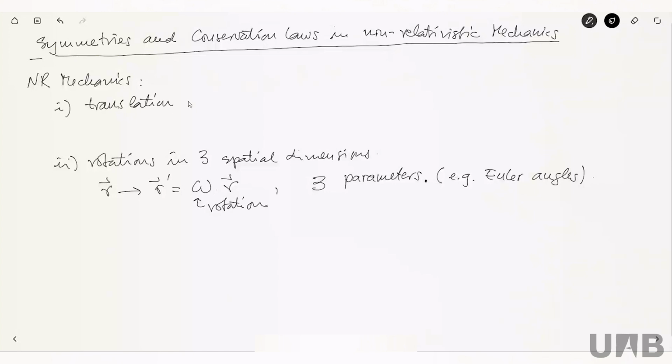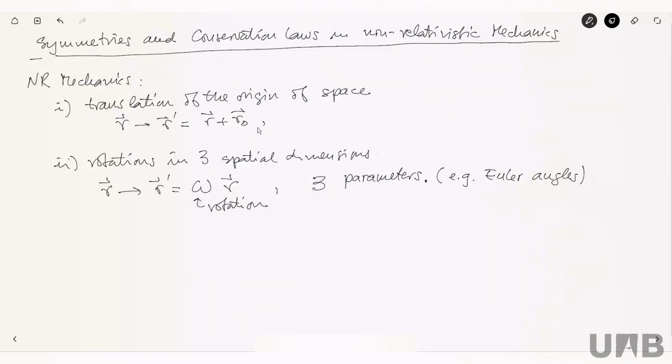A translation of the origin of space. So that means you go from R to R prime, which is R plus a fixed vector, R0, right?